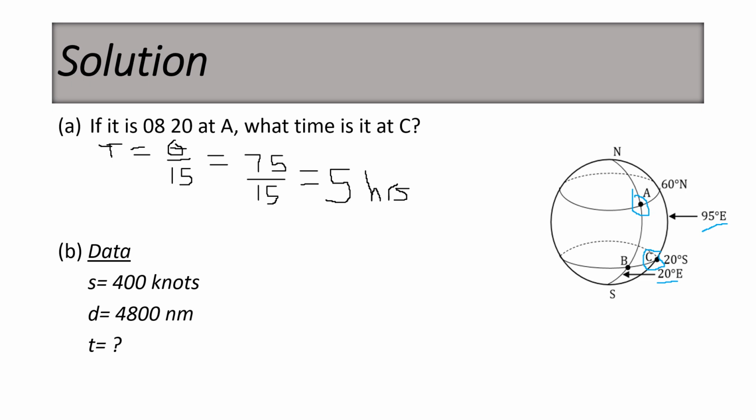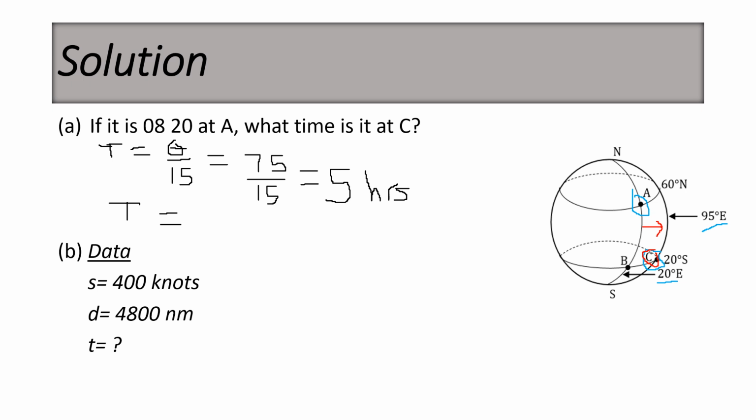So the next thing to take note of: check if point C is to the east side of A or the west side of A. Here we can see that point C is to the east of A, and we say time due east is gained, or time due west is lost.